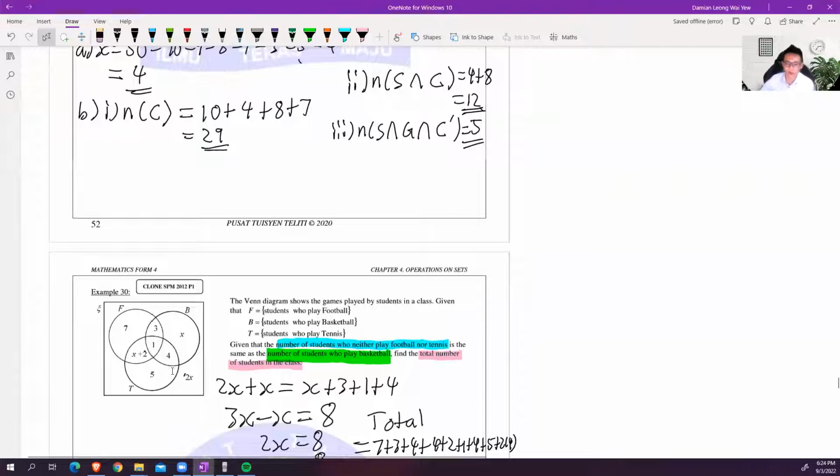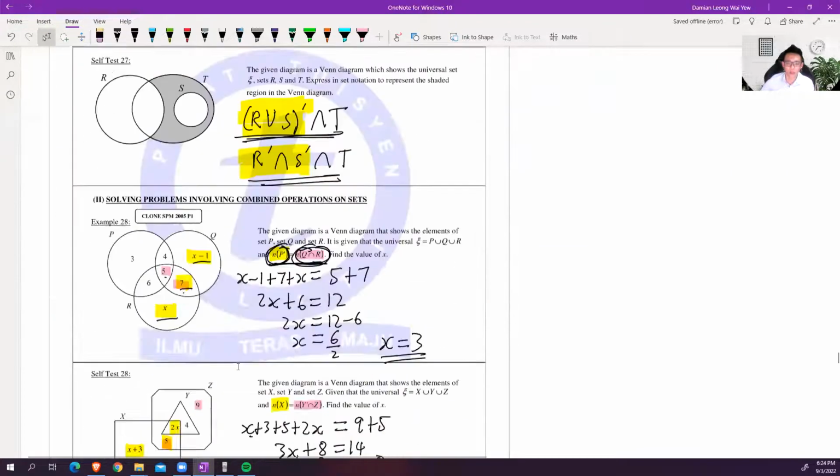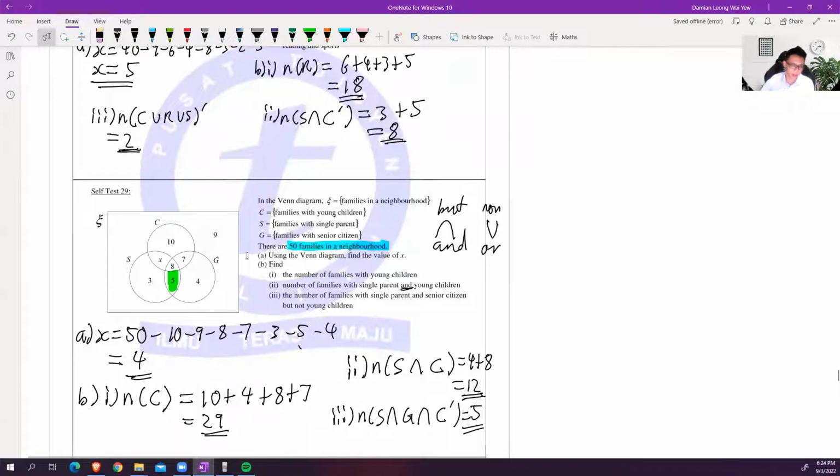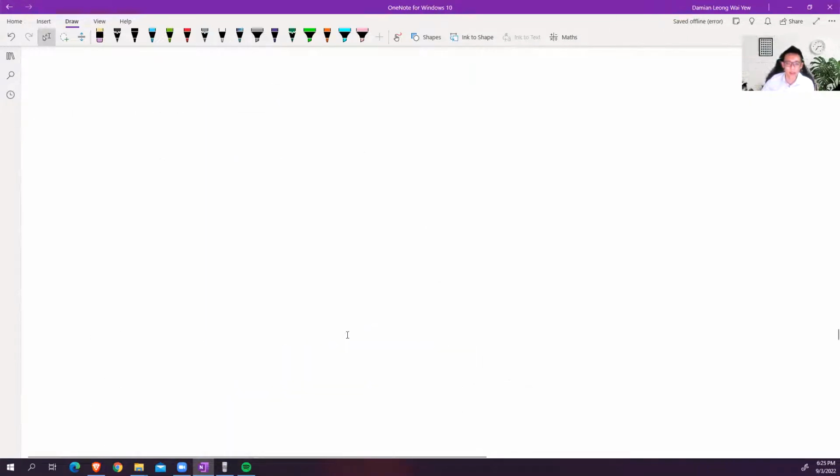If we already have, then it's okay. But if we don't have, then always try to fill in the part that intersects first. Yeah, then only work your way out. If we don't know, cannot fill in, just leave it as X. Yeah, then put everything else in terms of X as well.